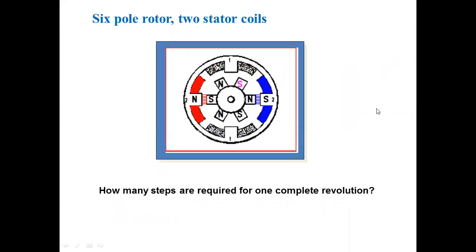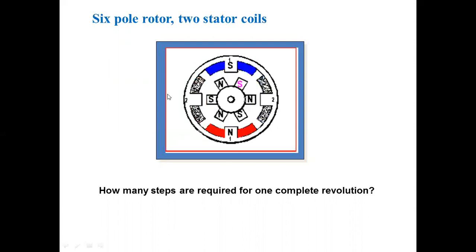Next one, if you observe, this is the 6-pole rotor, 2 stator coils. Previously we observed the same animation image. If you observe, the 2 stator coils are operating. First it changes towards the first coil, north pole and south pole, like that.